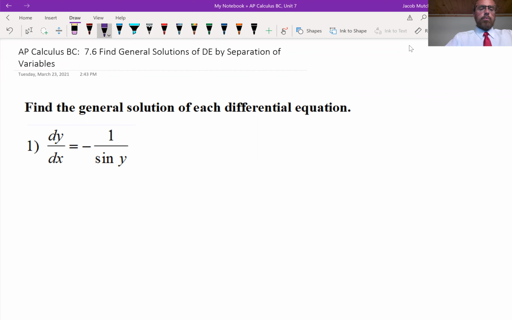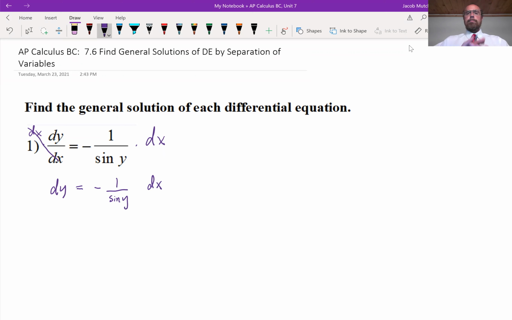So initially, I'm going to multiply by dx to cancel on the left, and dx is going to show up to keep the balance on the right side. At that point, what I've got is dy equals -1 over sine of y times dx.